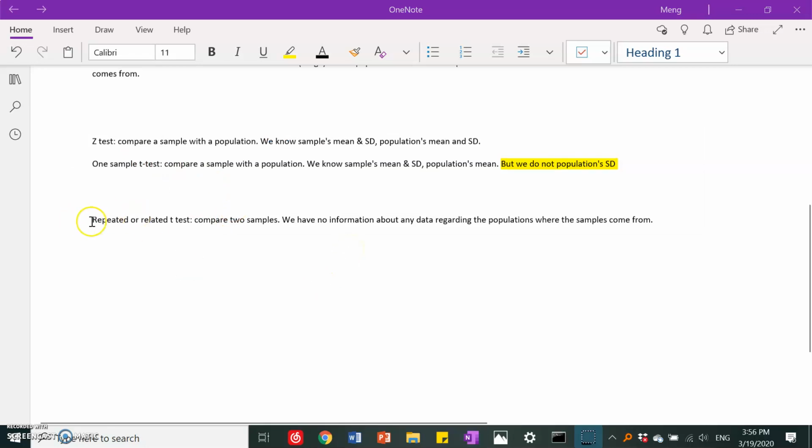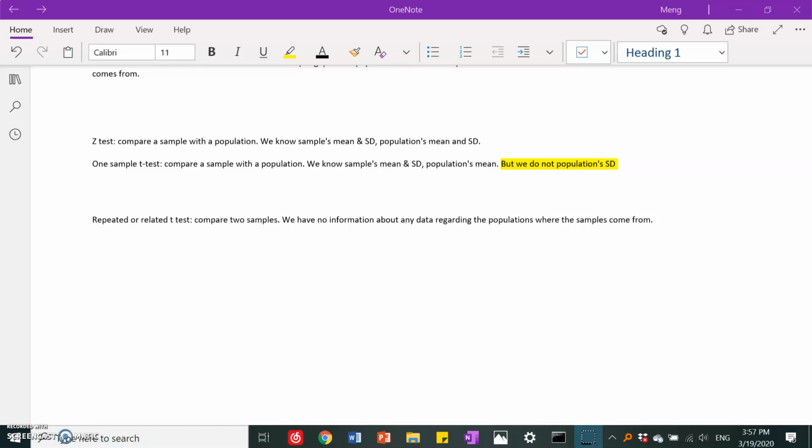And when are we going to use this repeated or related t-test, which we'll cover today? That is when we have two samples. We know these two samples' means, we know these two samples' standard deviations. We want to compare whether these two samples have significantly different means or not. Okay, so whether these two samples are coming from the same population or not.